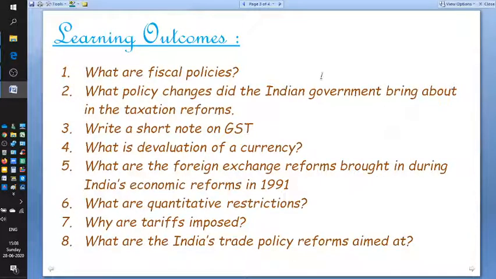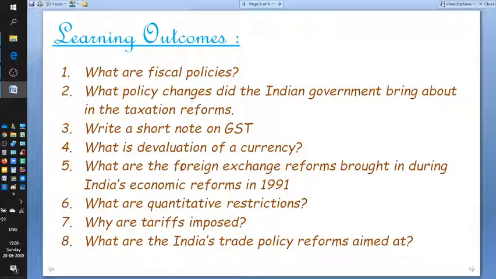So what have you learned? You learned about what fiscal policies are. I hope you've learned. What about the taxation policies on direct and indirect taxes? You can write a short note on GST, Goods and Services Tax, 2006. You know about devaluation of currency, and you can find out the difference between depreciation and devaluation of currency. Although they both lower the value of currency, there is a difference. You need to find out about devaluation and depreciation. We have learned here about devaluation.